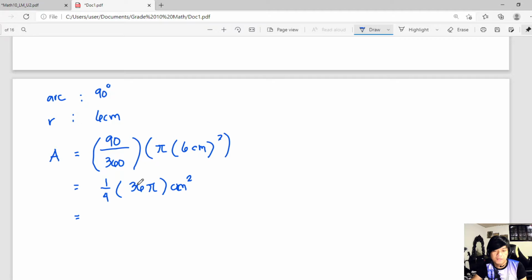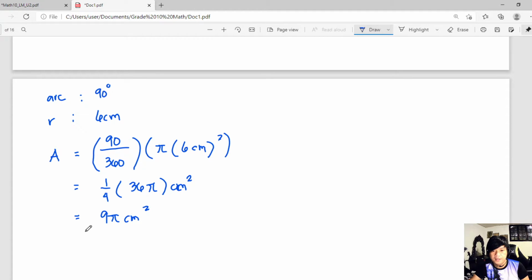So what is 1/4 of 36? So 1/4 of 36 is 9. So 9 pi centimeter squared.